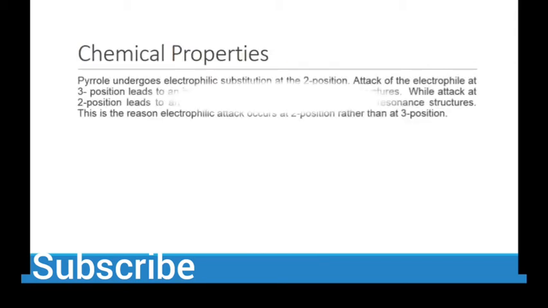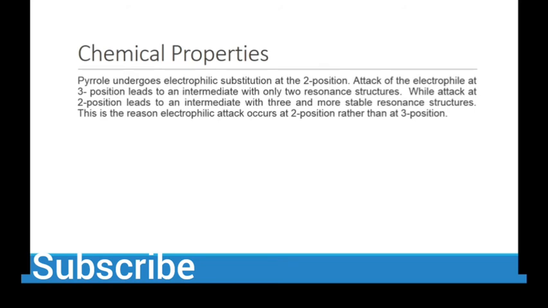So now what are the chemical properties? Pyrrole undergoes electrophilic substitution at the 2 position. Attack of the electrophile at the 3 position leads to an intermediate with only 2 resonance structures, while attack at the 2 position leads to an intermediate with 3 and more stable resonance structures.